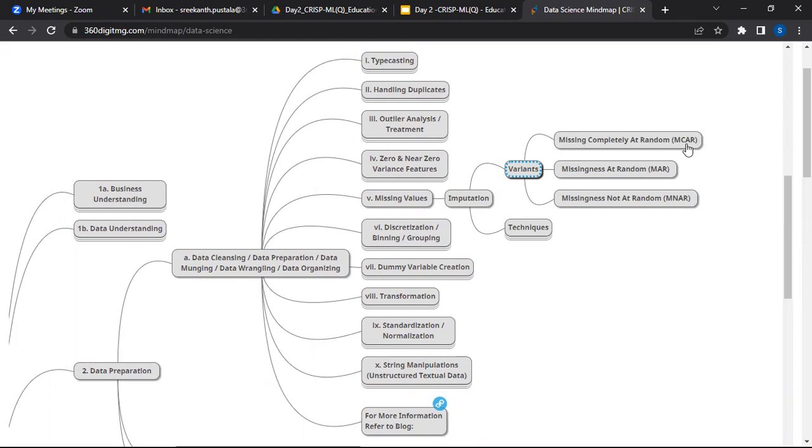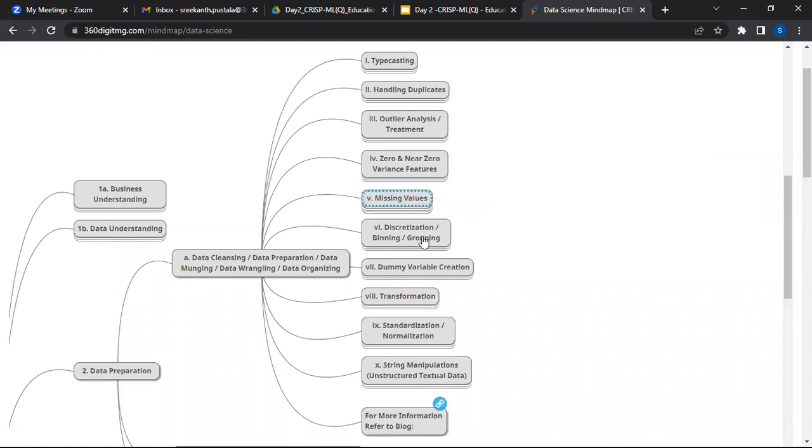And when it comes to missingness at random, when we are doing a survey, maybe the person answering these questions is not comfortable answering that particular question. So they are avoiding it and not providing it, so that value will be blank. And also missingness not at random. When we have missingness not at random, we are going to specify that that particular value is not applicable.